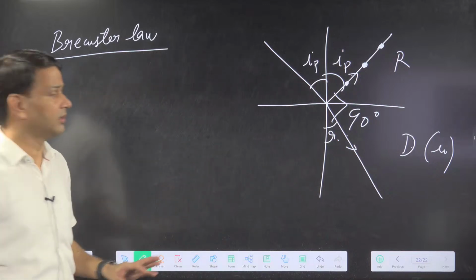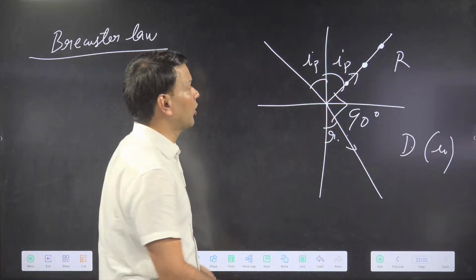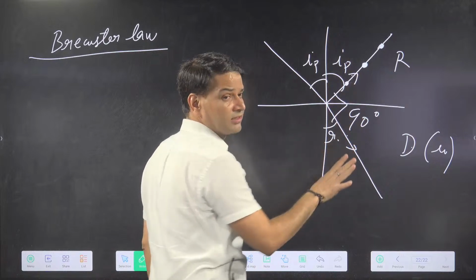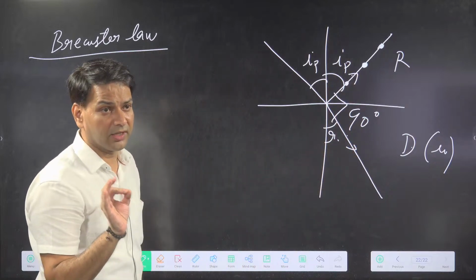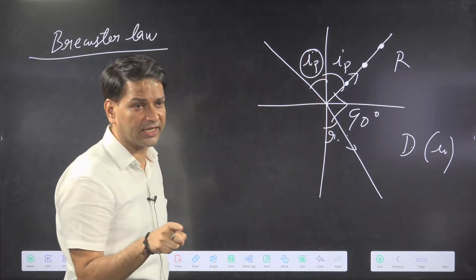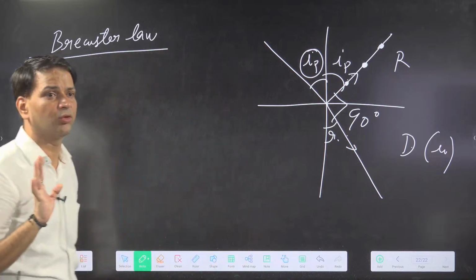Suppose they have given the mu relation, and they are asking what is the angle of refraction, or what is the angle between R and this. If they have given that the angle of incidence is the polarizing angle, then directly we can say the reflected ray and the refracted ray will be perpendicular to each other.